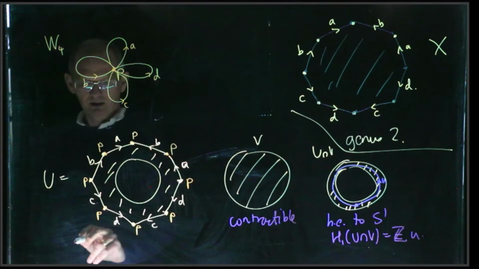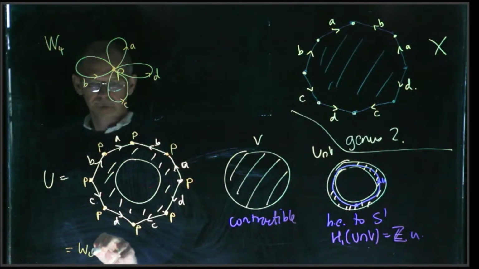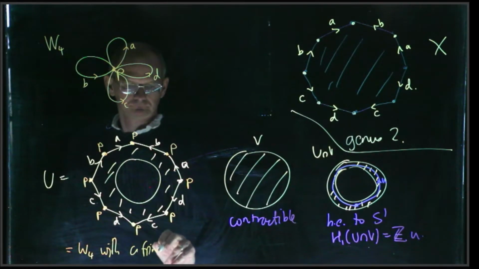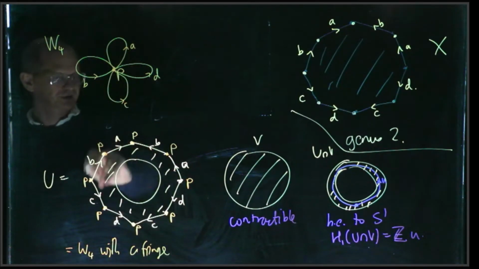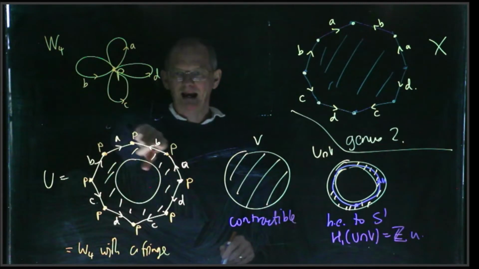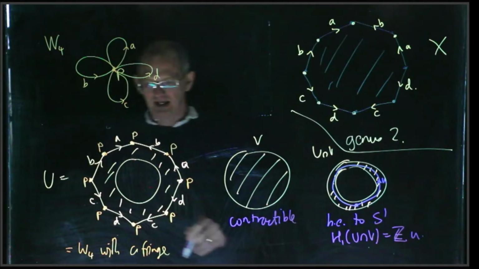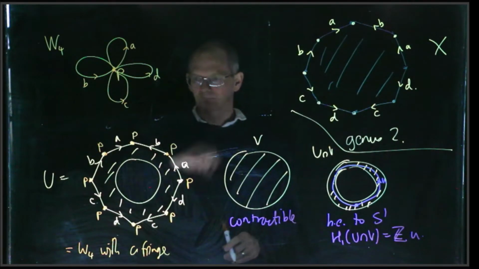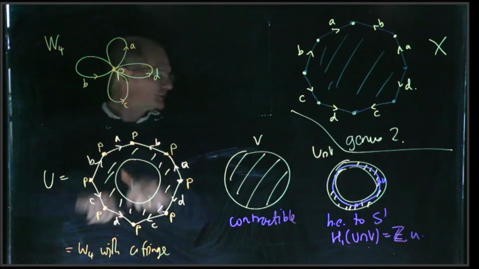If you just look at the edges, you get your W4, and then this band here gives you a sort of fringe attached to that. But the fringe doesn't actually affect the homotopy type, because you can push the fringe out onto the edge.